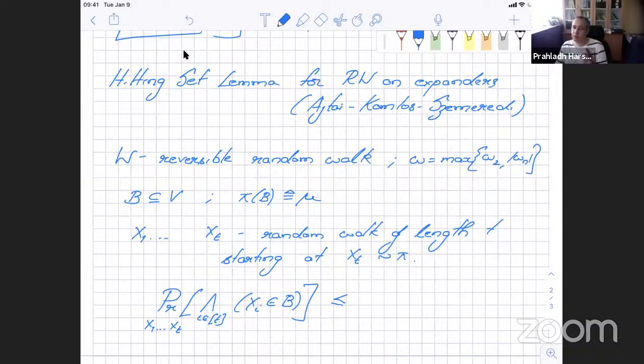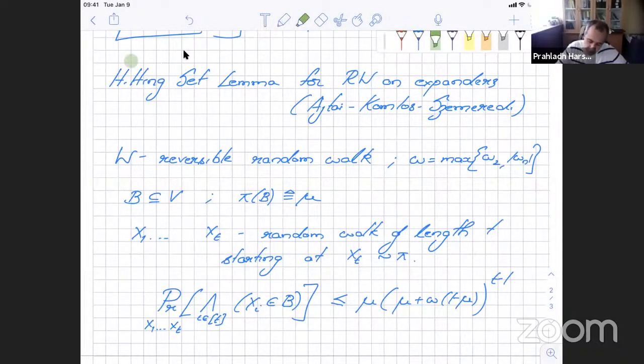This is just mu to the power t, because you're picking t independent vertices and asking what's the probability that each of them lies in B. Each of them being in B is mu, therefore all of them lying in B is mu to the power t. What we'll show is it's almost the same thing. We'll show it is at most mu times (mu plus omega times (1 minus mu)) to the power t minus 1. That's the theorem which we'll show.